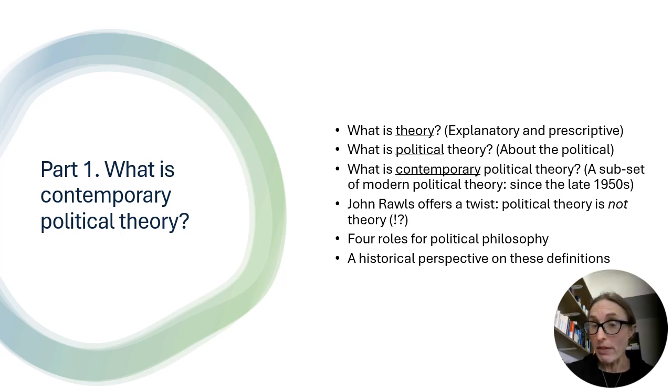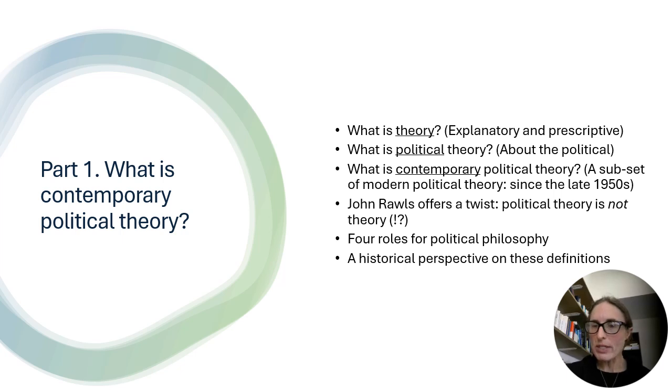We'll deal briefly with what is theory, then what is political theory, what is contemporary political theory, and then we'll draw in part for these considerations on the text that you're asked to read, the first text by David Miller in your required readings. Why do we need political philosophy? And then we'll turn to John Rawls' remarks on political philosophy, where John Rawls offers a twist.